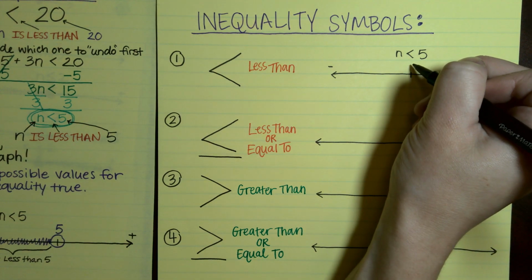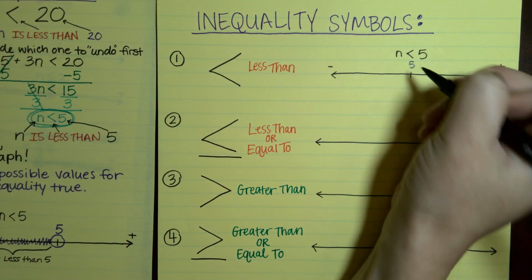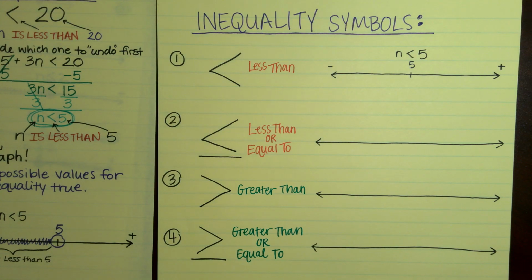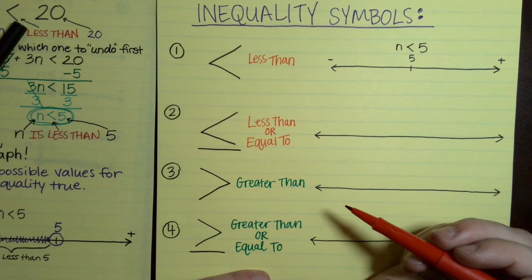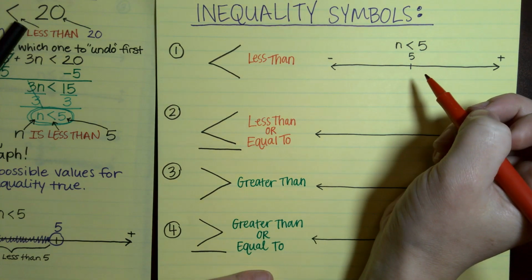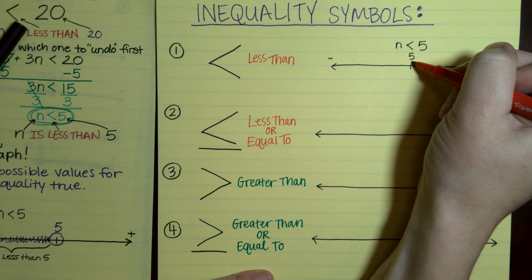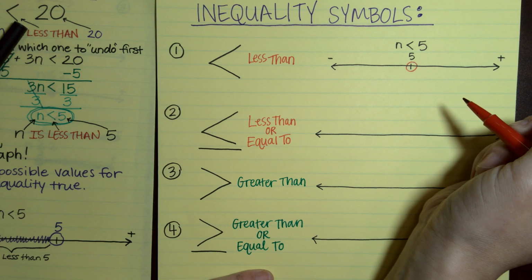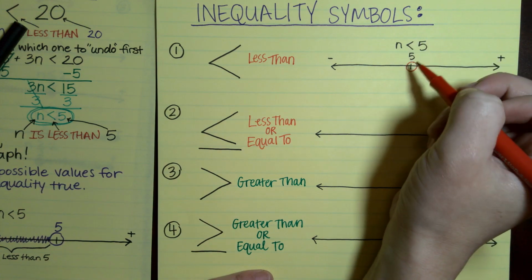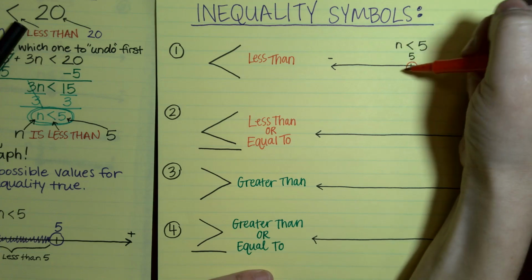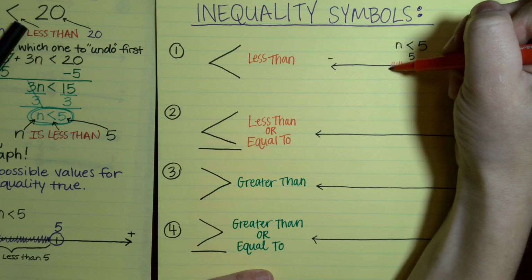Yes, we would put a 5 up here, and then I'm going to use a color to do my shading. Use red since we're less. All right, so what am I going to, yes, circle. Do I color my circle in? No. It's open because N is only a number that's less than 5. It can't be 5. Now we're going to shade.